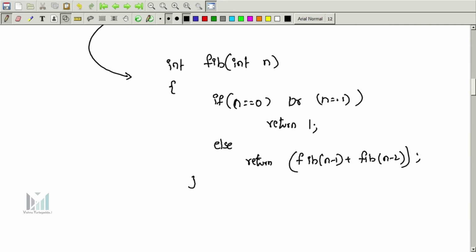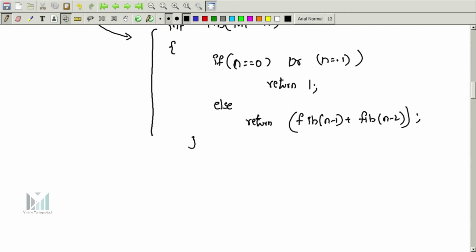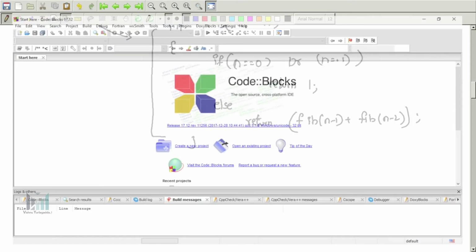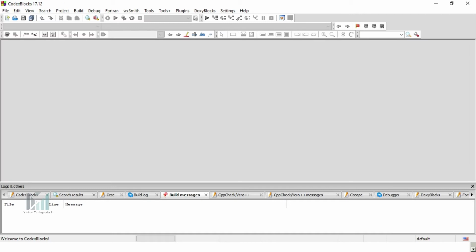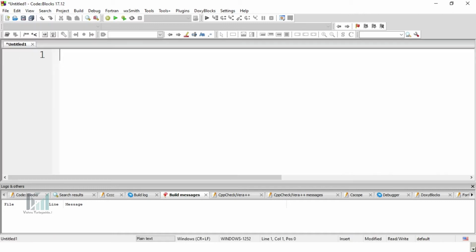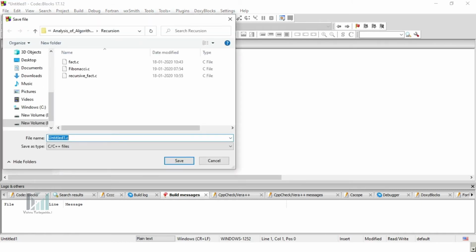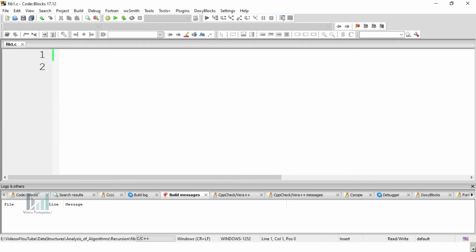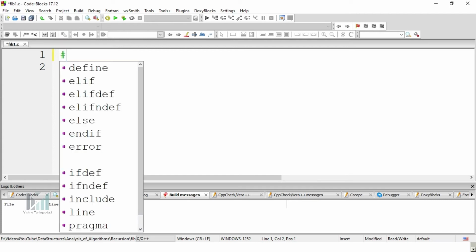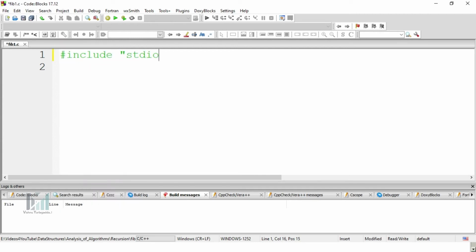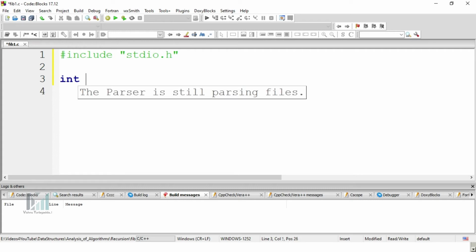Now first I will write the same program in C language, and I will execute it and show. So fib1.c, let us assume that is Fibonacci 1. So #include stdio.h, int fib of int n.